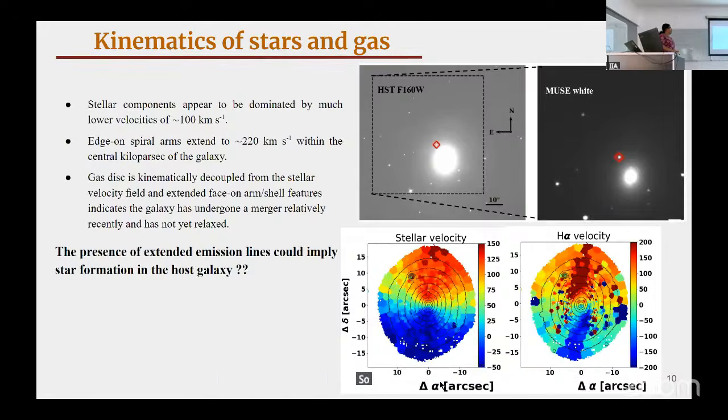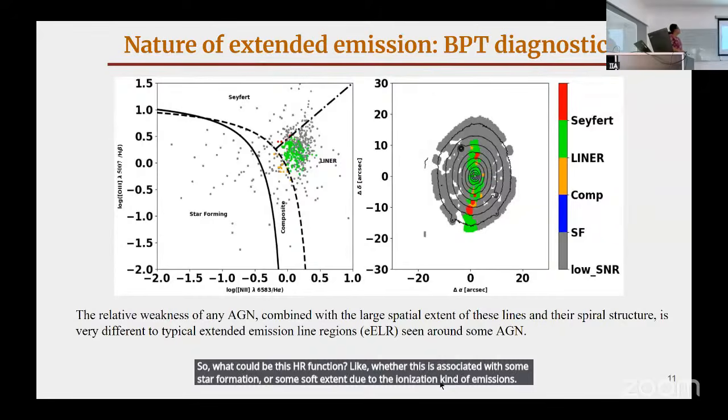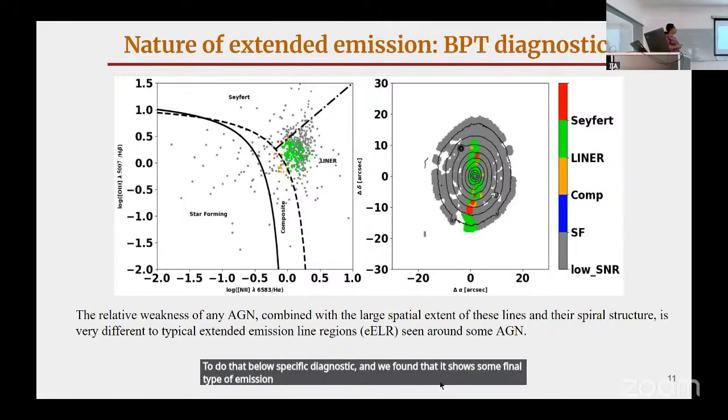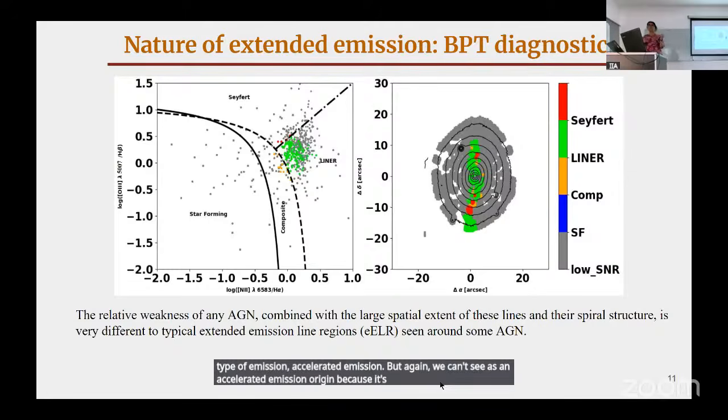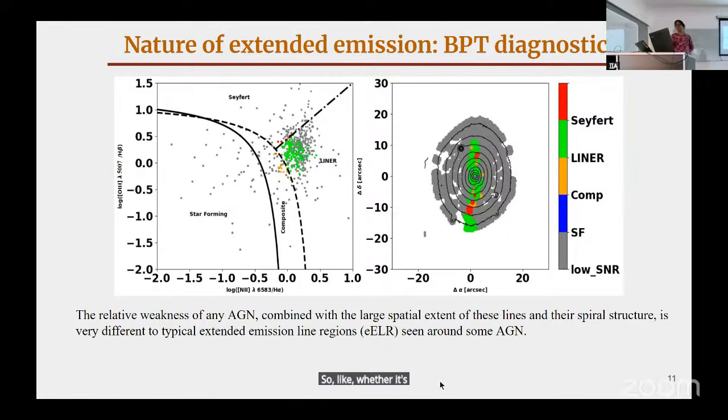So what could be this H alpha emission? Whether it is associated with some star formation, or some soft excitation due to high-ionization kind of emission. To find out, we looked into its PVD characteristic, and we found that it shows some LINER type of extended emission. But again, we can't call it extended emission because it's very symmetric on either side of the central nucleus. So we did another test of whether it's actual LINER type emission or LIER kind of emission.